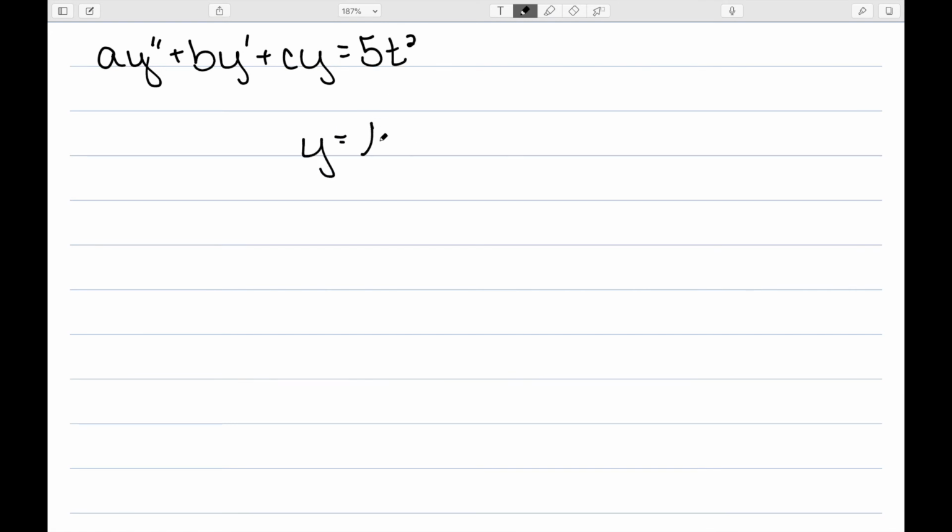In general, if we had something else of the form ay double prime plus by prime plus cy equal to, let's say, 5t squared, then in this case we would let y be equal to at squared plus bt plus c. And once again, we would do the same thing. We would take the first and second derivatives, stick them in, and set coefficients equal.